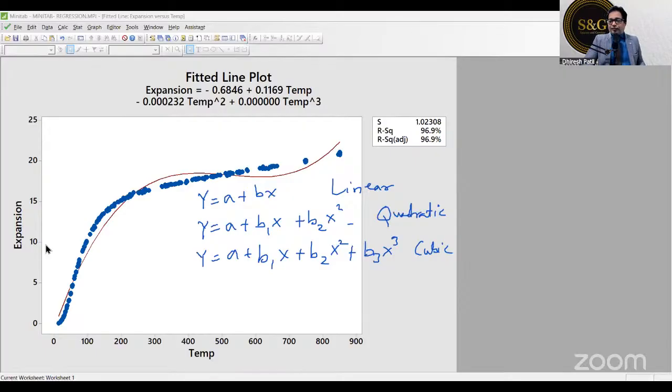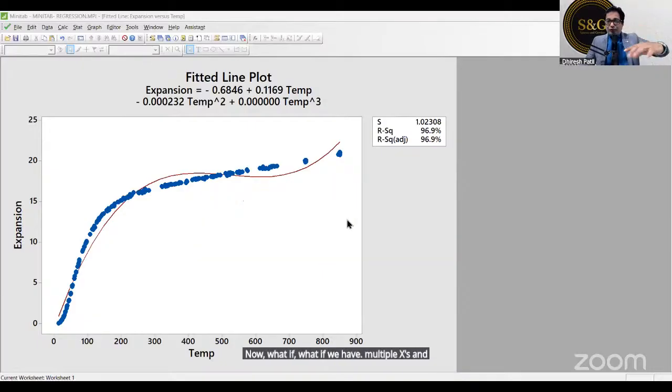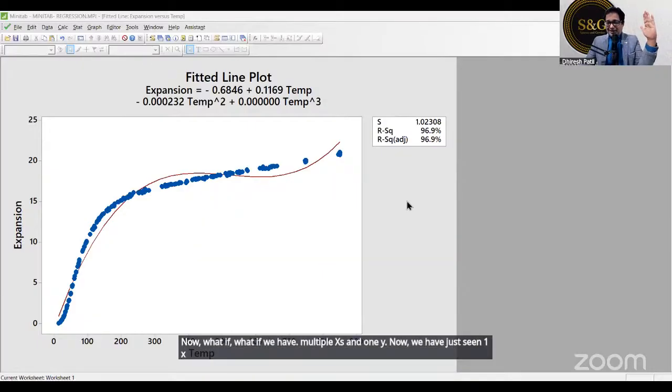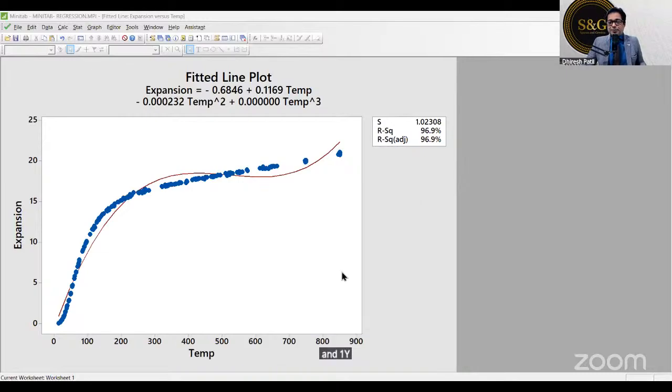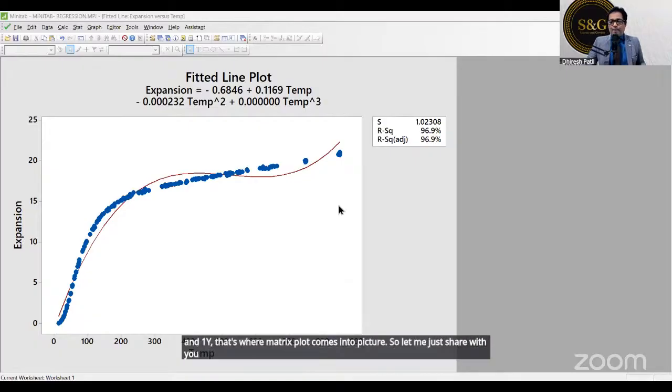Now, what if we have multiple x's and one y? Now we have just seen one x and one y, right? Okay. What if we have multiple x's and one y? That's where matrix plot comes into picture. So let me just share with you something called matrix plot. Okay.